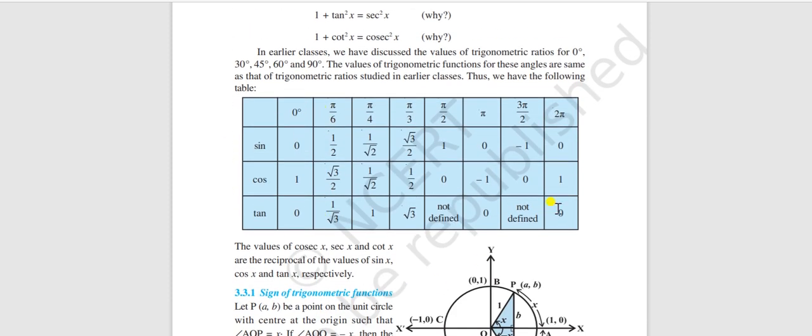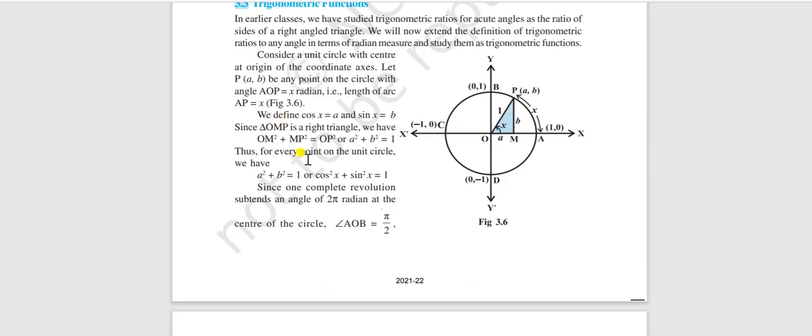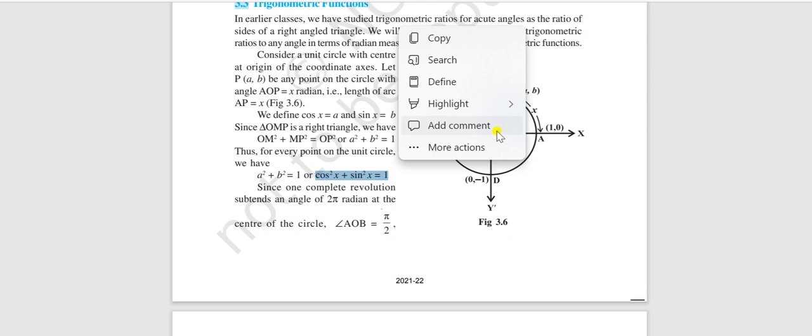and how do we derive this table? They are very important questions that we need to answer. So a square plus b square equals 1, plus cos square x plus sin square x equals 1.